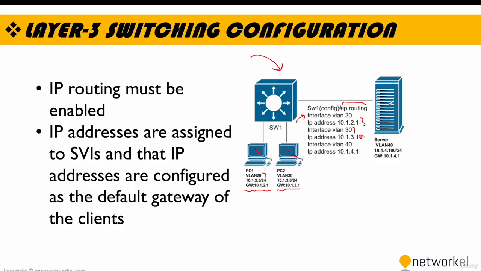I also have this server, which is in VLAN 40, and this is the gateway IP address that I am assigning to the VLAN 40 SVI interface. So in this topology, since I enabled IP routing on my layer 3 capable switch and then assigned the correct IP addressing, PCs will be able to communicate with each other even if they are in different VLANs. I'm coming to the end of this section also. Thank you so much for listening to me, guys.